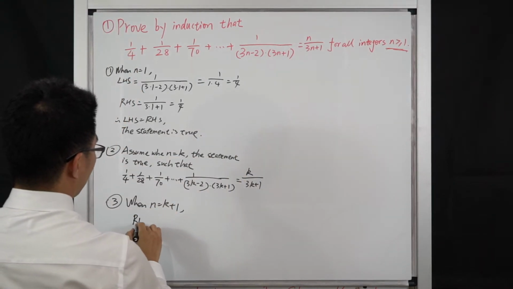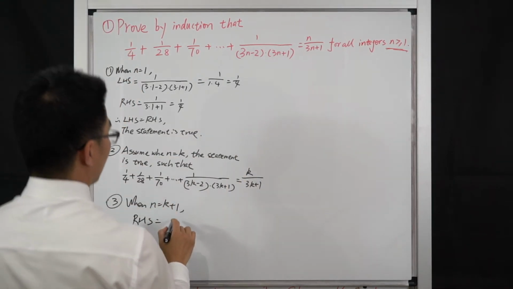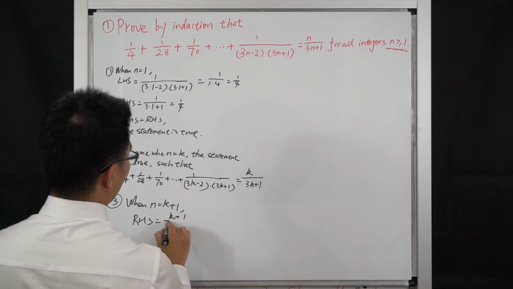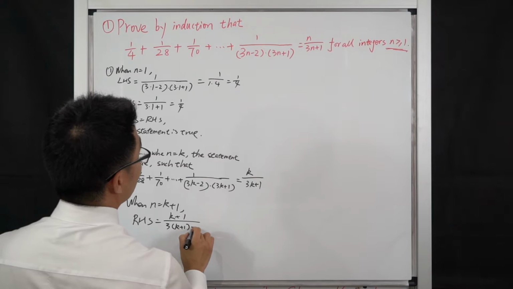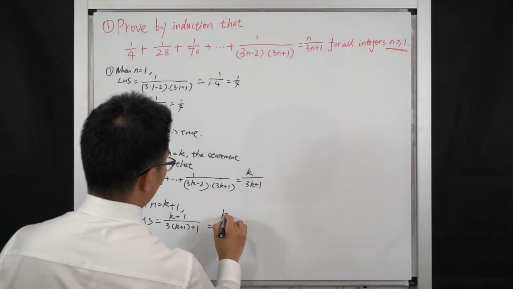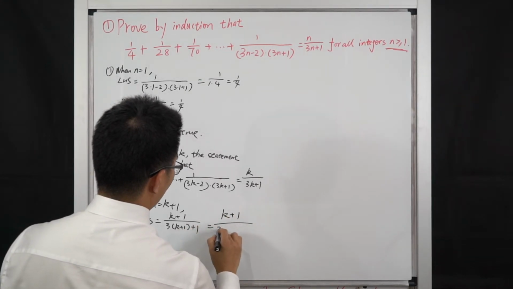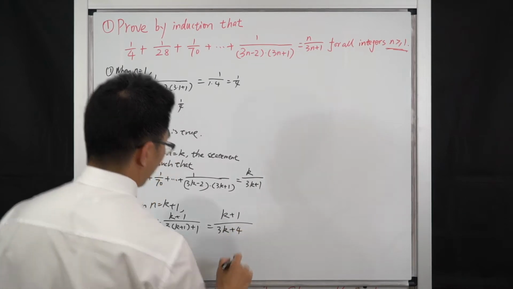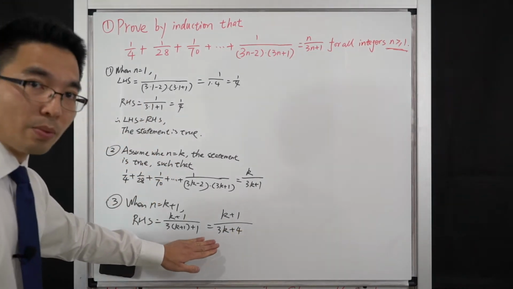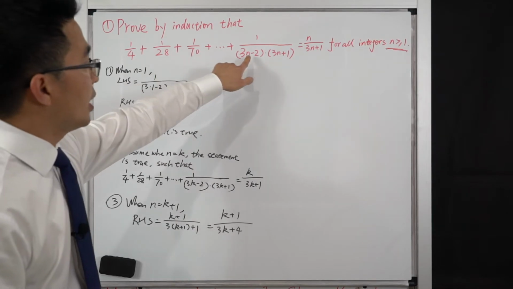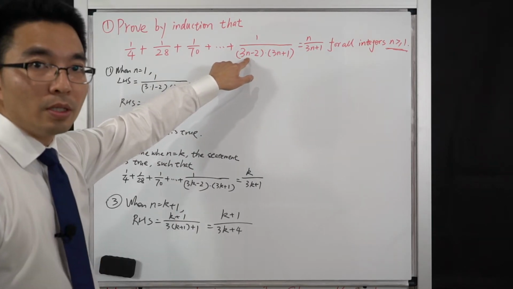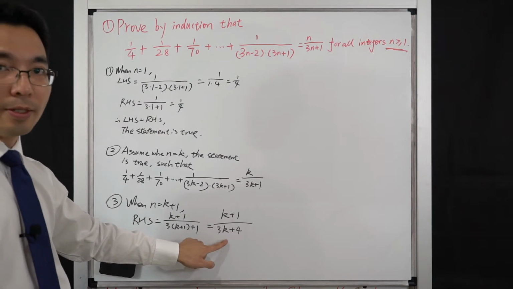So the right-hand side equal to k plus 1 over 3 times k plus 1 plus 1, equal to k plus 1 over 3k plus 4. Okay, so here is the right-hand side. We want to prove the left-hand side when n equal to k plus 1 gets the same as the right-hand side, right?